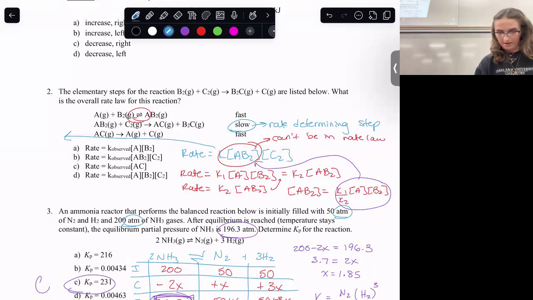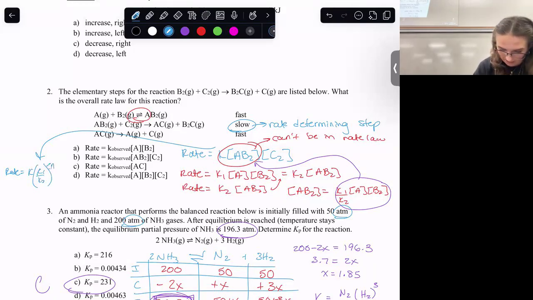So here we'll now have rate equal to K, our first initial rate constant, times K1 over K2 times A times B2 times C2, sorry.